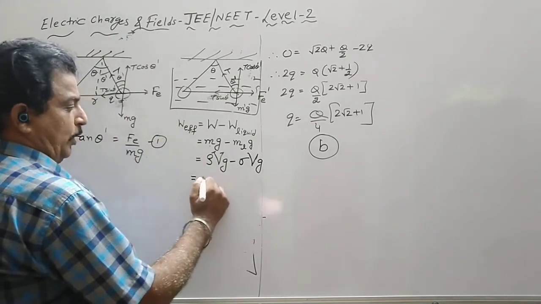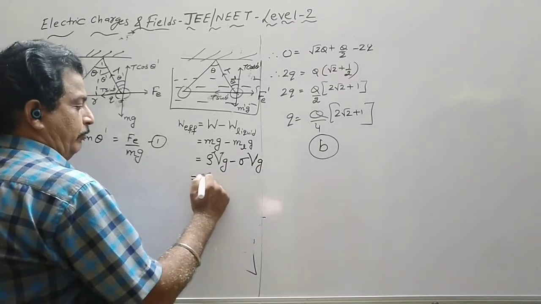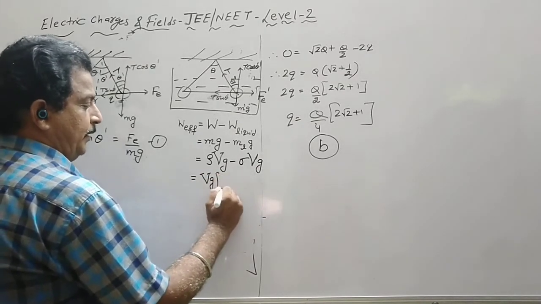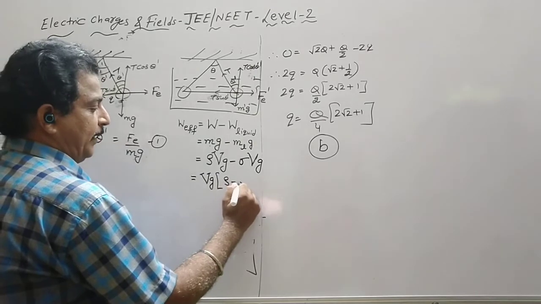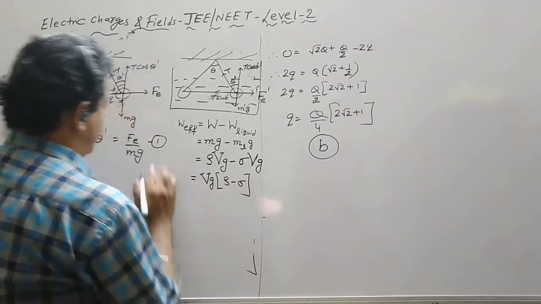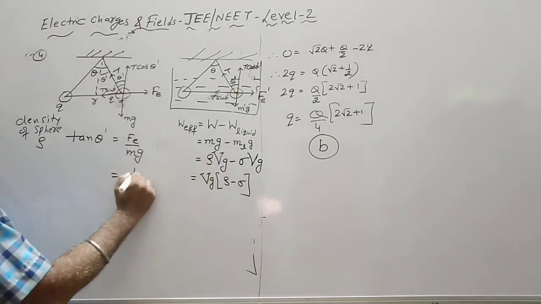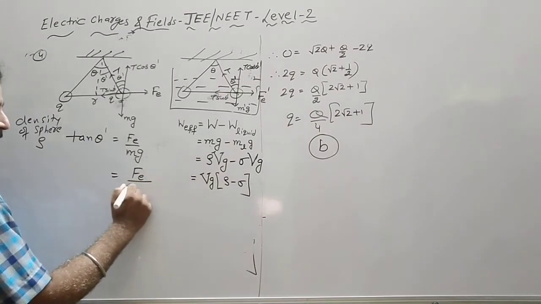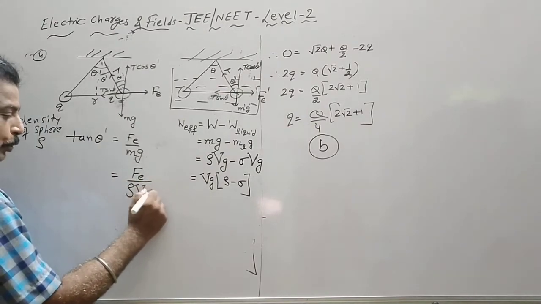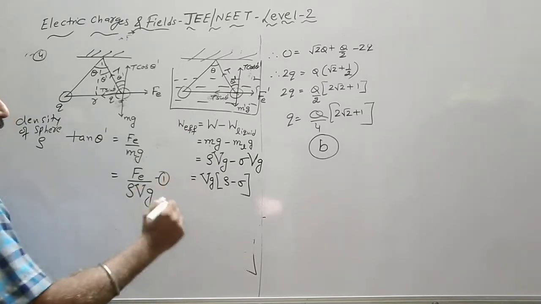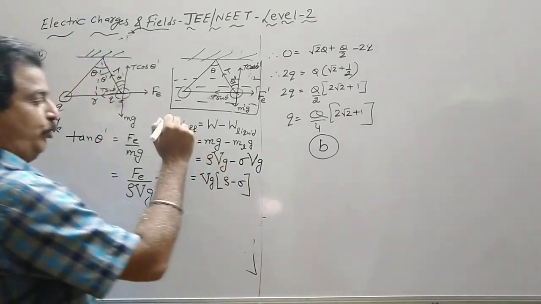So taking Vg as common, we have (rho minus sigma). I can also write the original weight in terms of density, rho times volume times g, as in equation 1. This is the effective weight.